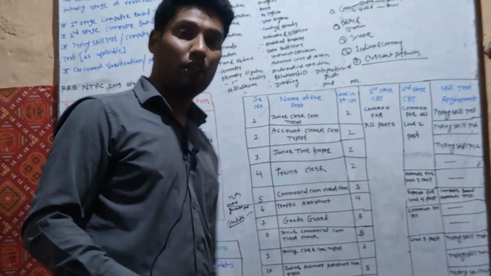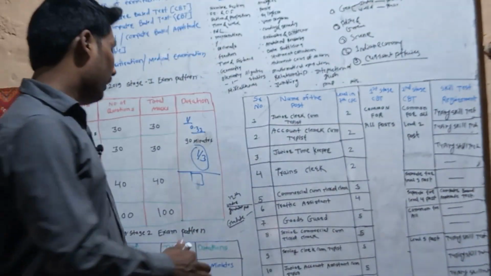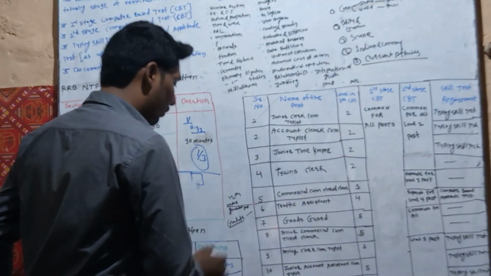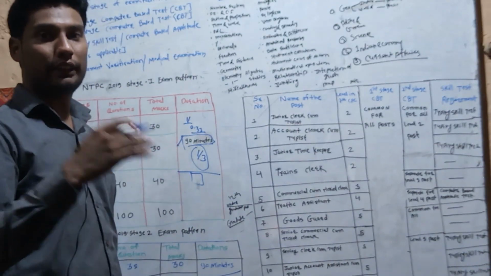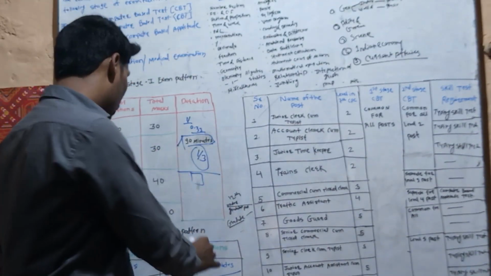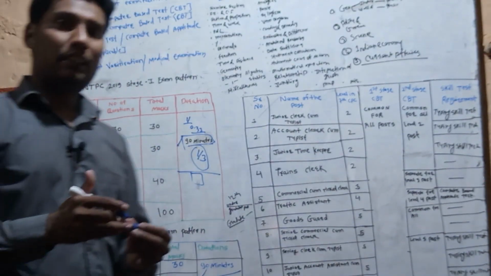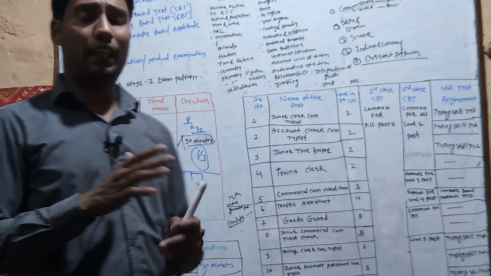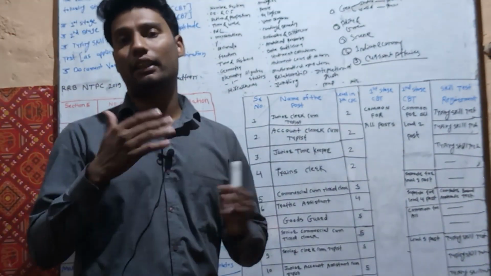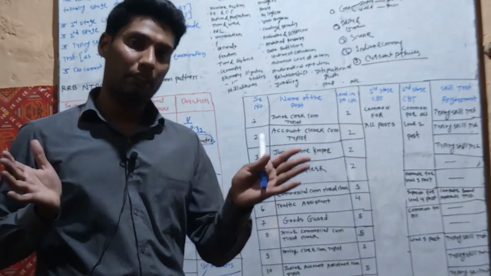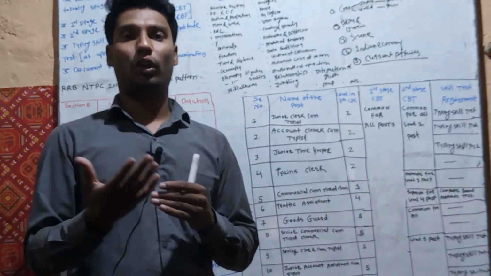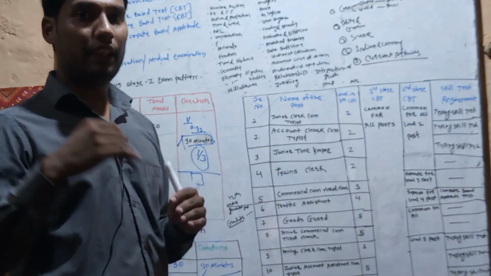In total there are 120 questions and the time is 90 minutes. For the NTPC stage 1 exam there are 90 minutes, and for the second stage also 90 minutes. The first stage is basic mathematics, reasoning and general awareness, but in the second stage the difficulty rises because the competition rises when you qualify for the post.